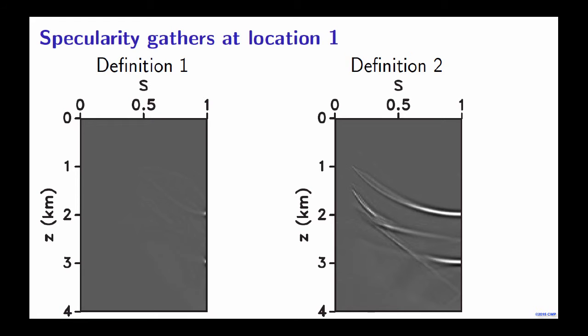The reason is that, as I mentioned when I compared specularity values, the one using definition 2 decreases at a higher rate than definition 1. And these tails going upwards are the migration artifacts, so they stack out when we sum over the specularity axis.